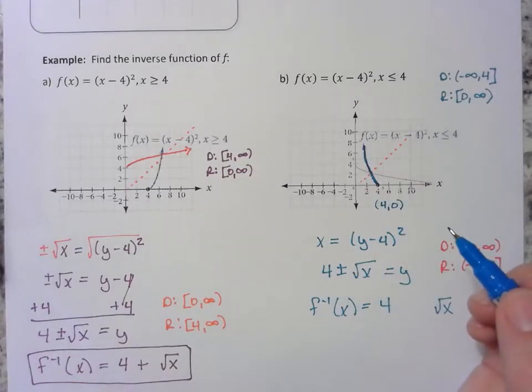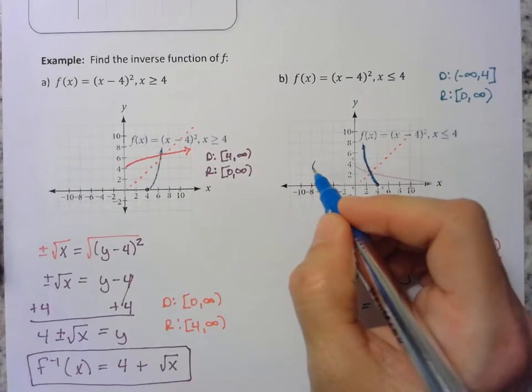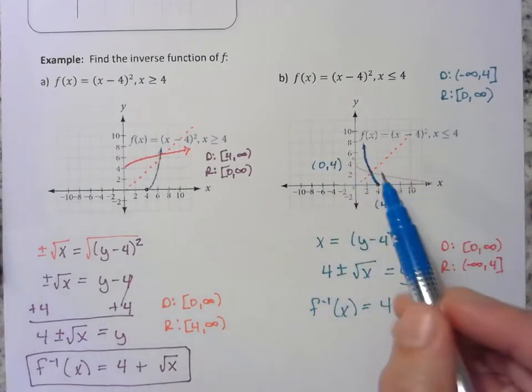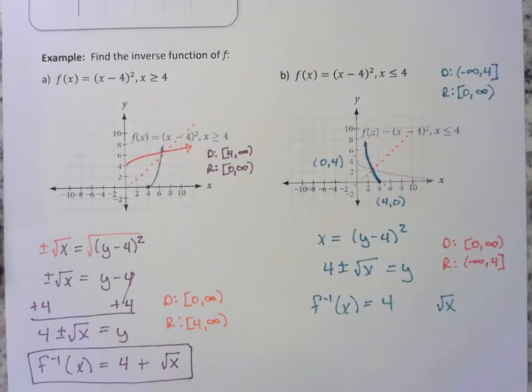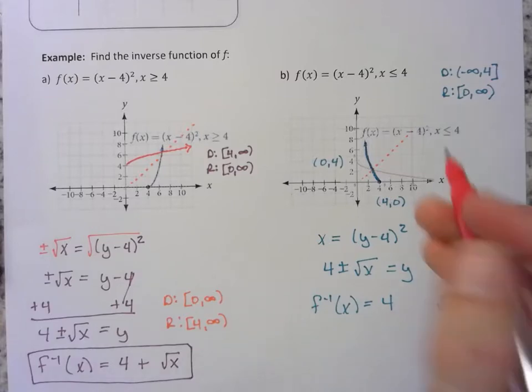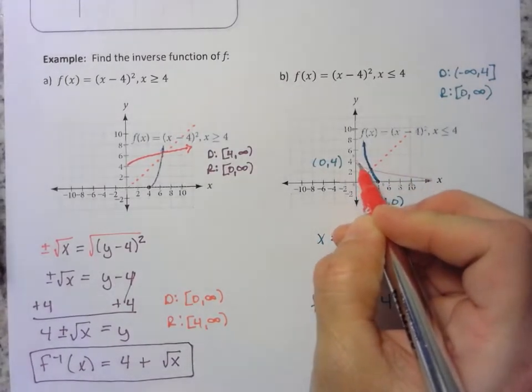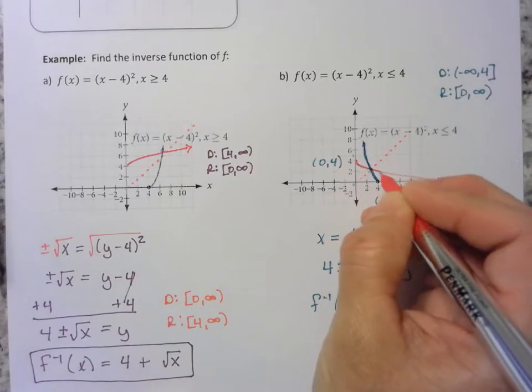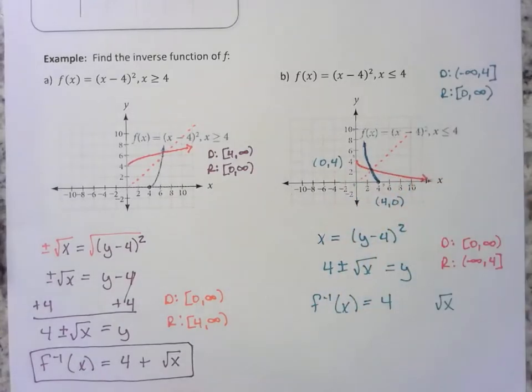When you switch x and y, don't you get the point 0, 4? So we get that point right there. There's so many ways you could attack one of these type of problems. Whenever you reflect the original function over the line y equals x, you end up with this picture.